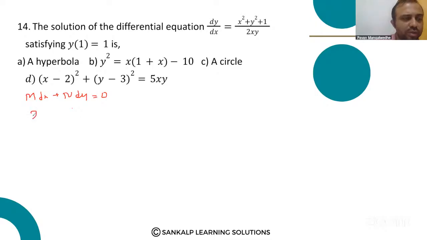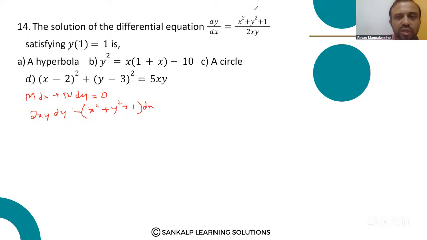2xy dy is equal to, transposing the denominator to the other side, x square plus y square plus 1 into dx.